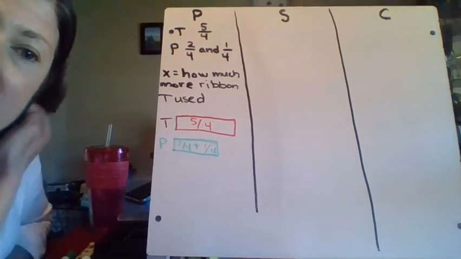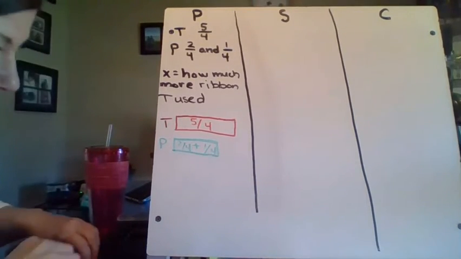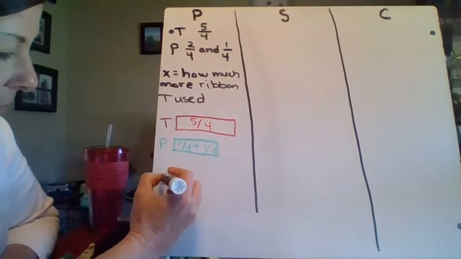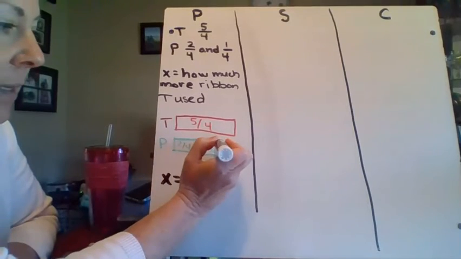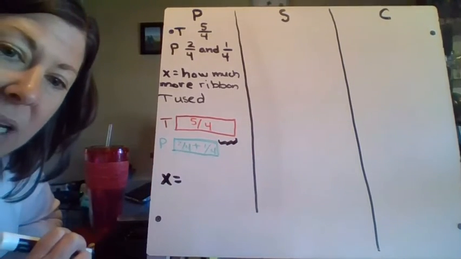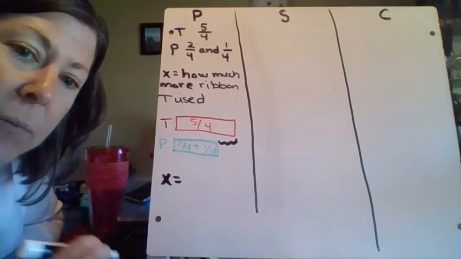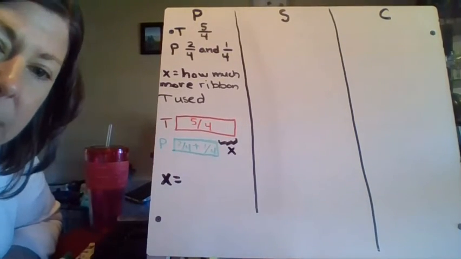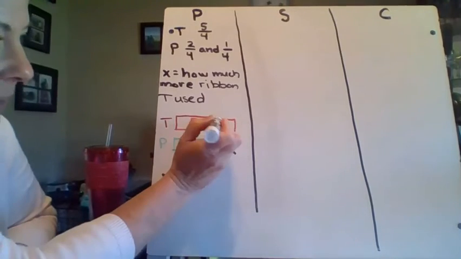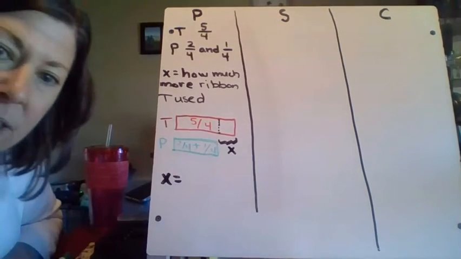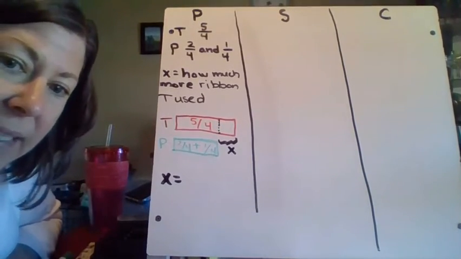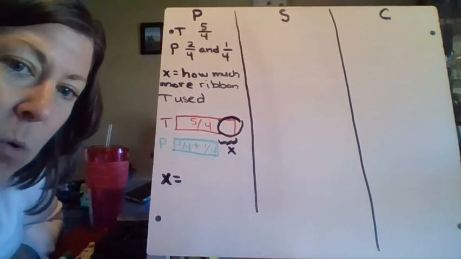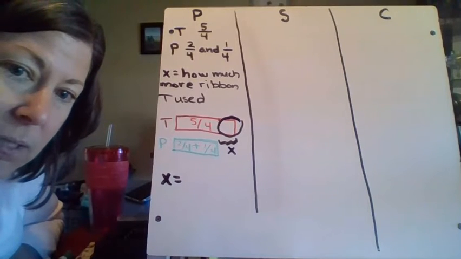So now I need to think about how I want to solve this. Because that's the how much more I'm looking for. It's a missing piece. I kind of just drew almost like an imaginary line there. That's how much more ribbon Tiana used.